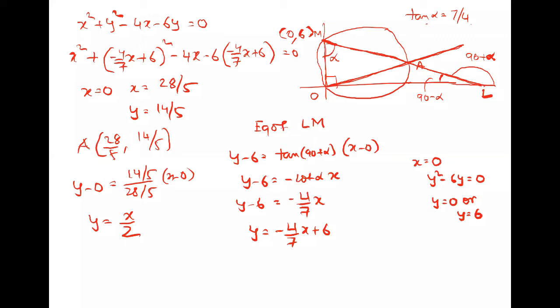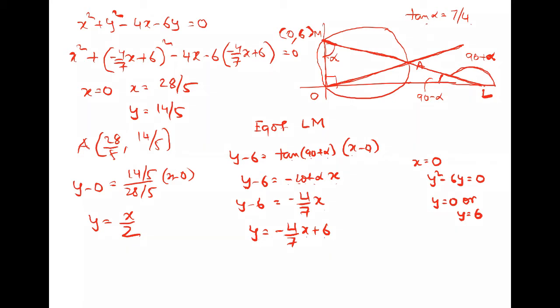This is alpha, this is 90, this is 90 minus alpha, so this will be 90 plus alpha. Slope of line LM: the equation of LM is y minus 6 equal to tan of 90 plus alpha into x minus 0. That is minus cot alpha into x, and cot alpha is 4 by 7. So y equal to minus 4 by 7x plus 6.